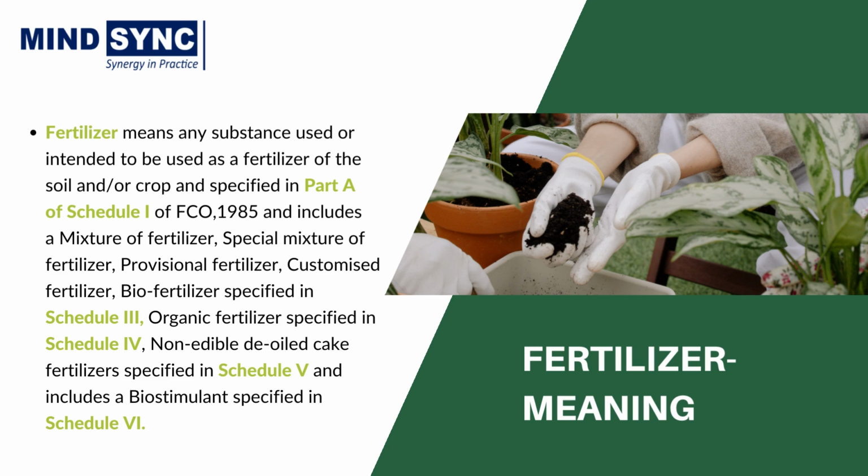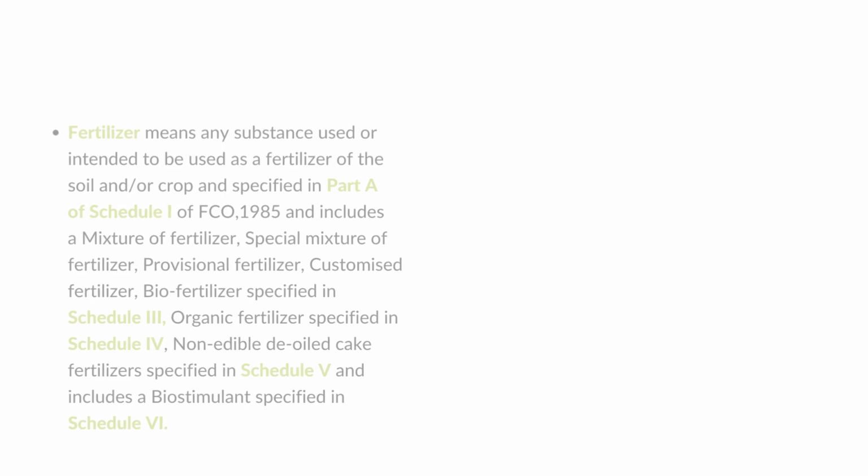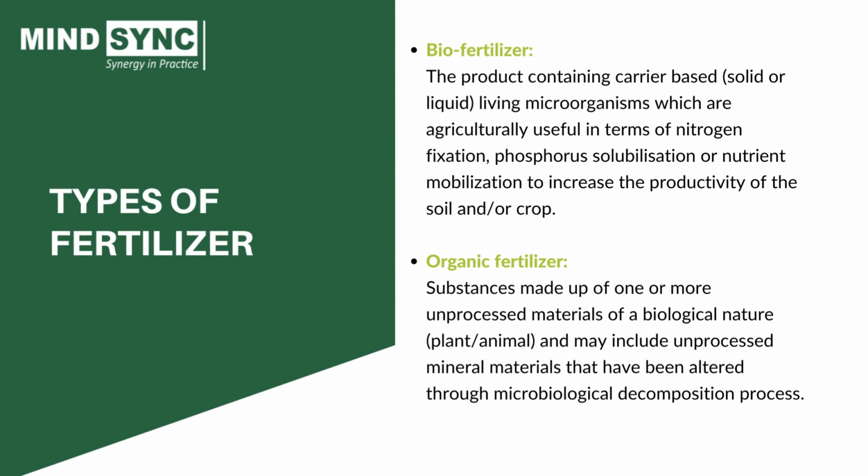It includes a mixture of fertilizer, special mixture of fertilizer, provisional fertilizer, customized fertilizer, biofertilizer, organic fertilizer, non-edible de-oiled cake fertilizer, as specified in Schedule 3, 4, and 5 respectively, and also include biostimulants specified in Schedule 6. The central government may provide specifications for fertilizer to be produced for commercial trials that are provisionally valid for a period of not more than 3 years. Now, we are going to know each type of fertilizer in brief, to get an understanding of each term.